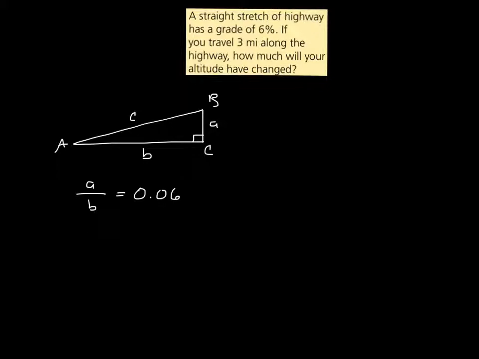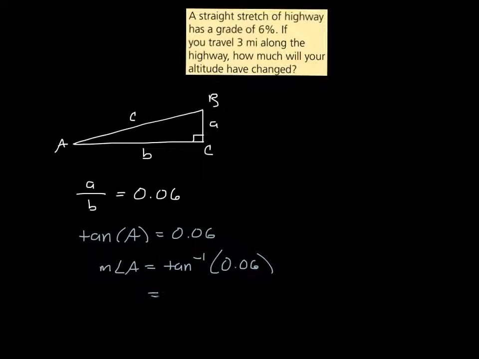So then I know that the tangent of angle A is A over B. So then the measure of angle A is the inverse tangent of 0.06. Again, if you're looking for a missing angle measure, that is when you use inverse trig functions. So you get that the measure of angle A is 3.434 degrees. That's the measure of angle A.